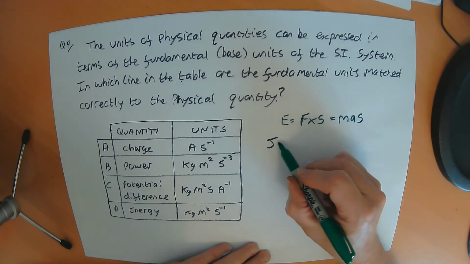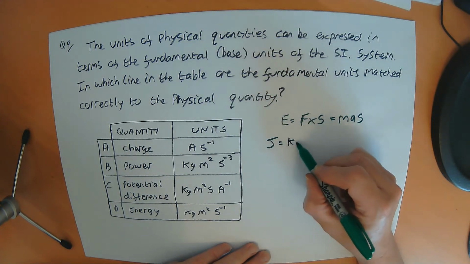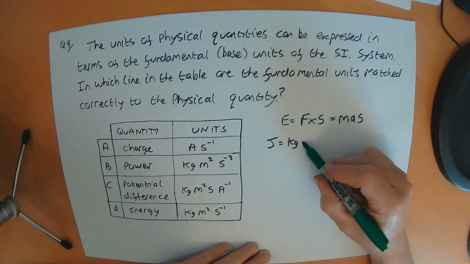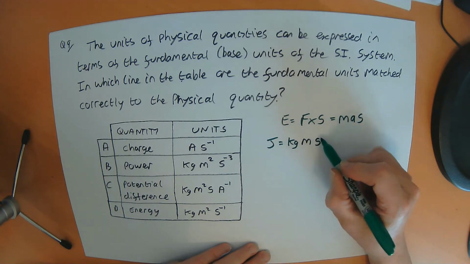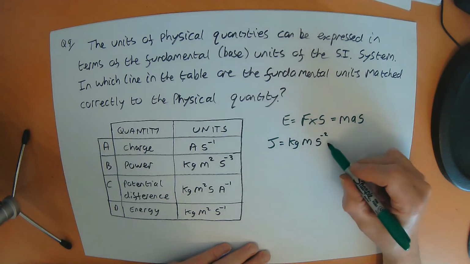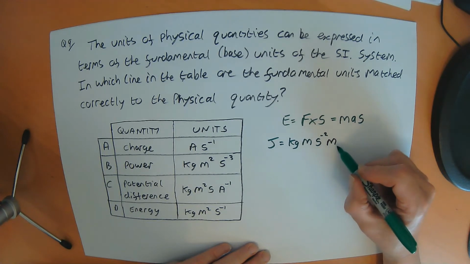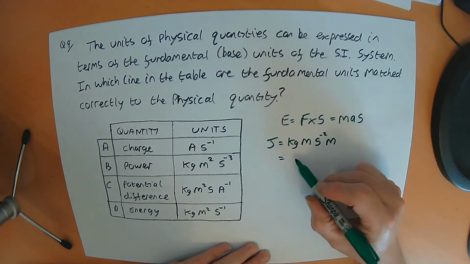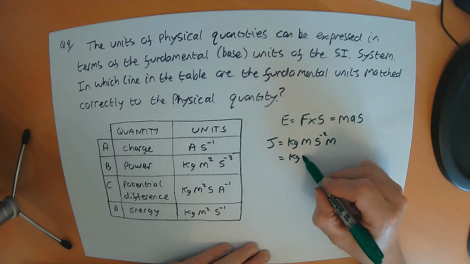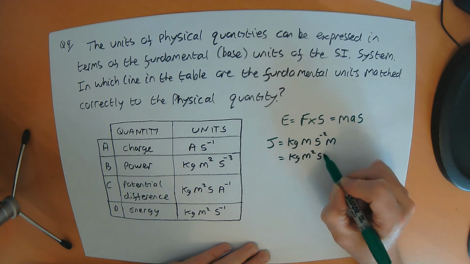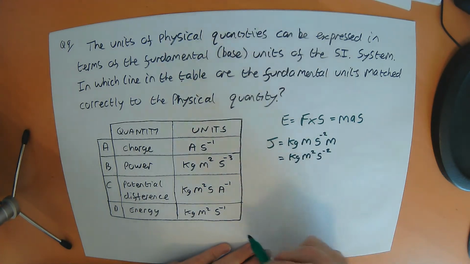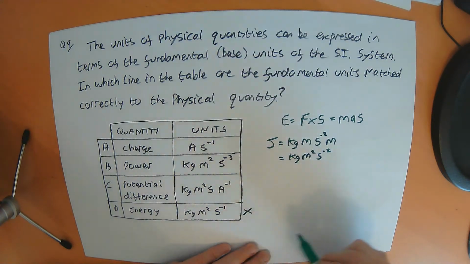That means 1 joule is equal to a kilogram times a meter per second squared times a meter. So the unit of energy is kilograms, meters squared, seconds to the minus 2. That means this one is wrong because it has seconds to the minus 1.